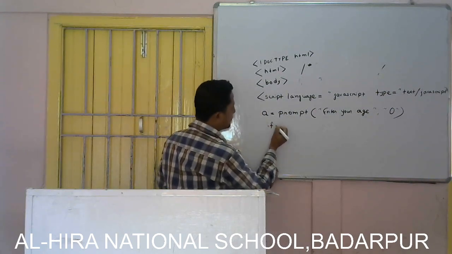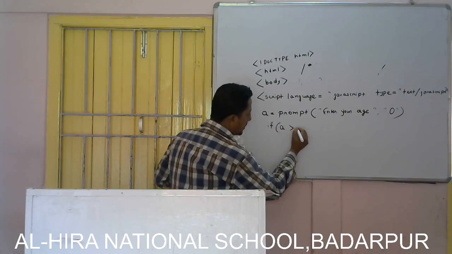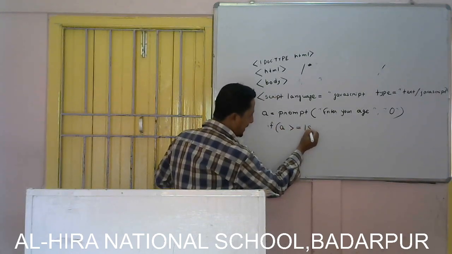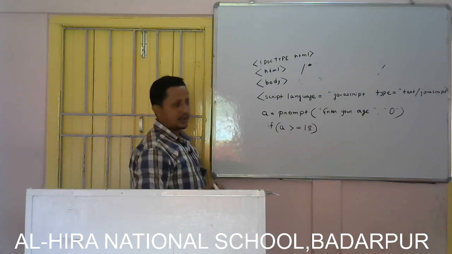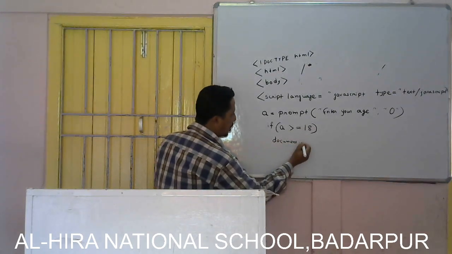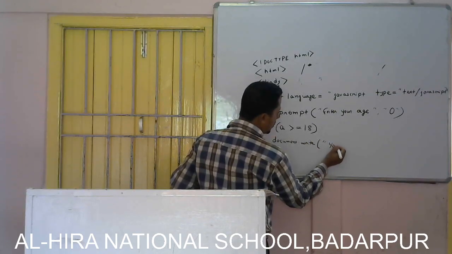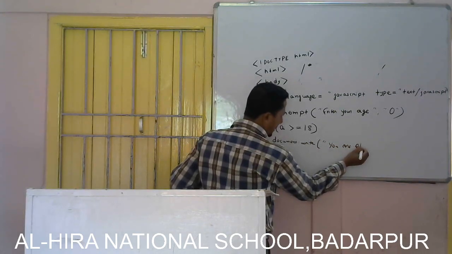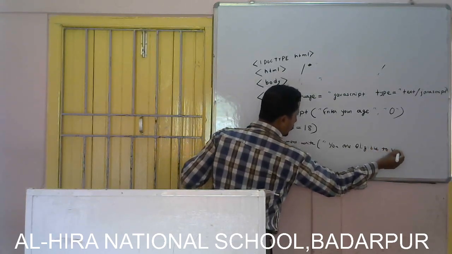If A greater than or equal to 18, then I wrote document.write you are eligible to vote.